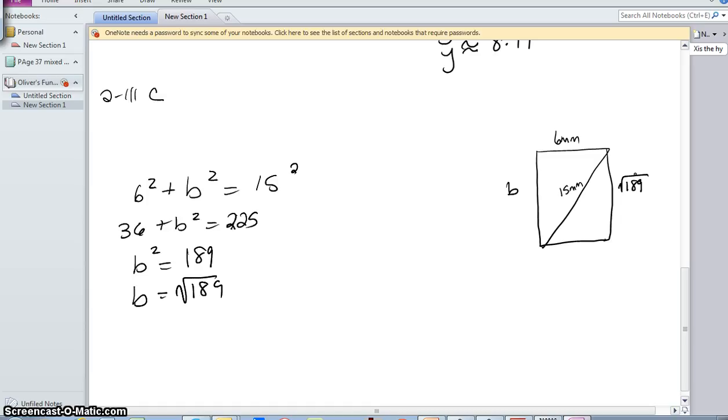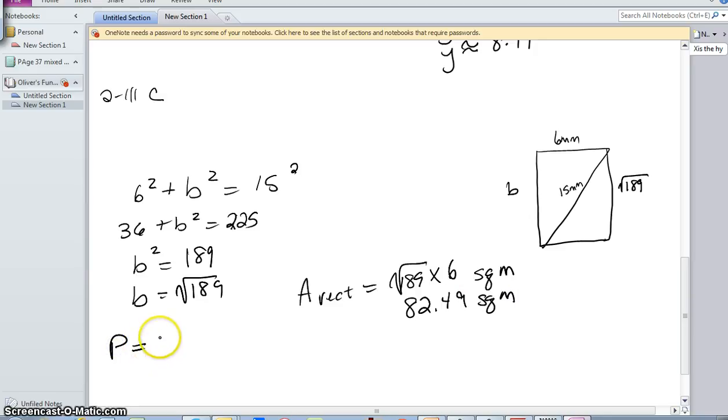So to find the perimeter and the area, I simply perform the substitutions in the two different formulas. Area for a rectangle equals square root 189 times 6. These are square millimeters. Area is approximately 82.49 square millimeters.